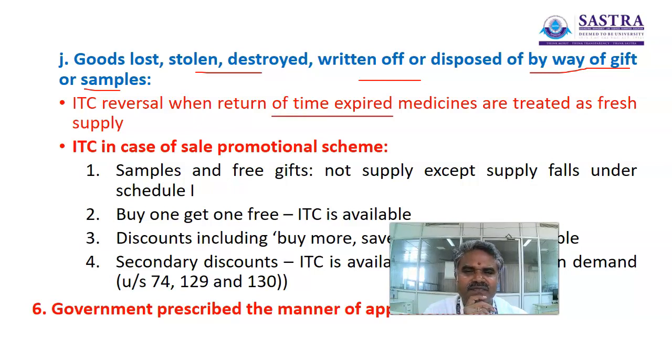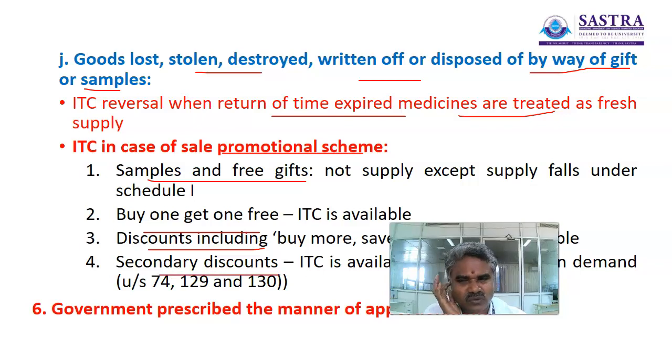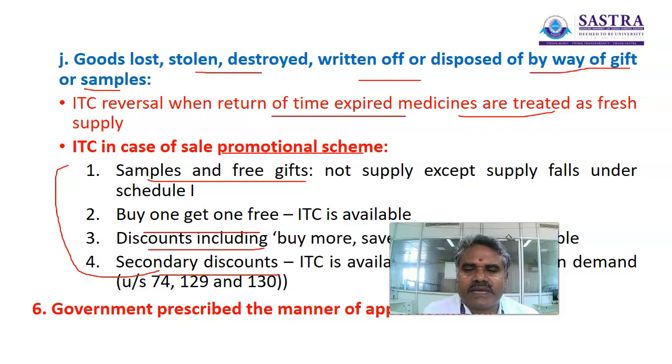ITC reversal when returning time-expired medicines, no. ITC in case of sales promotion schemes, samples and gifts, free gift, buy one get one free, discounts including buy more, secondary discount, no. Whenever they allow these, ITC is not allowed, because purposefully they are doing it for the business.